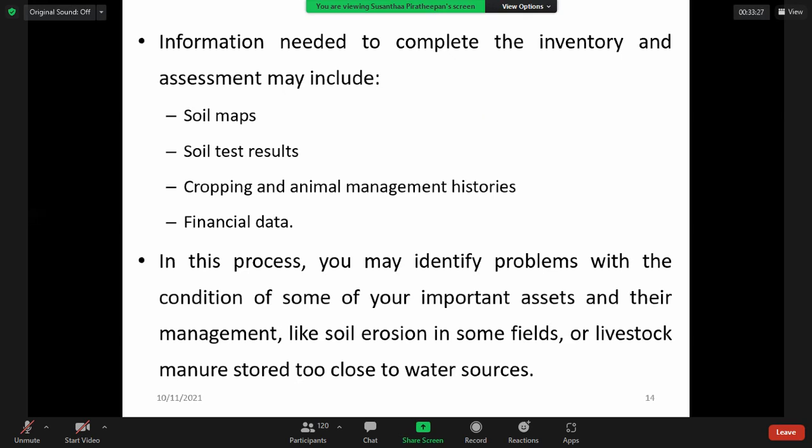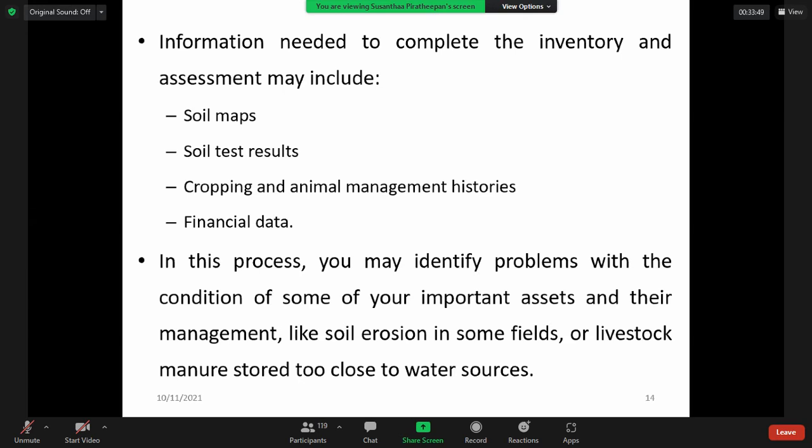So here in the second step, this is the information we usually have to complete the inventory and the assessment. As I mentioned, the soil map and soil test results are used to make sure of the land area for crop cultivation and animal rearing.